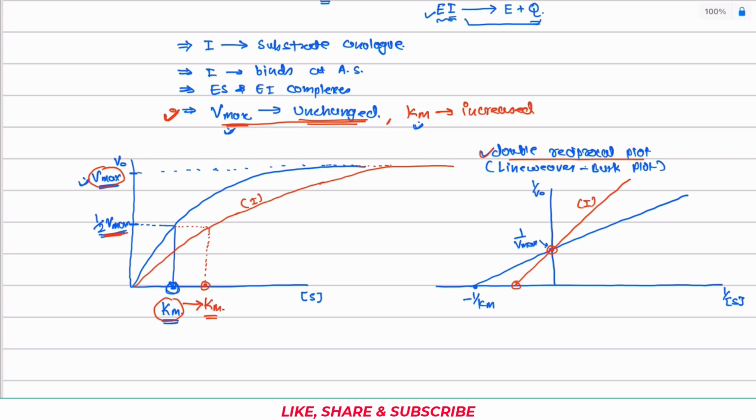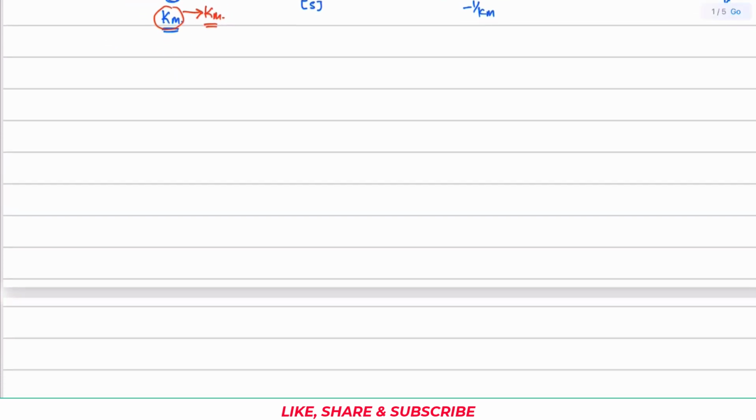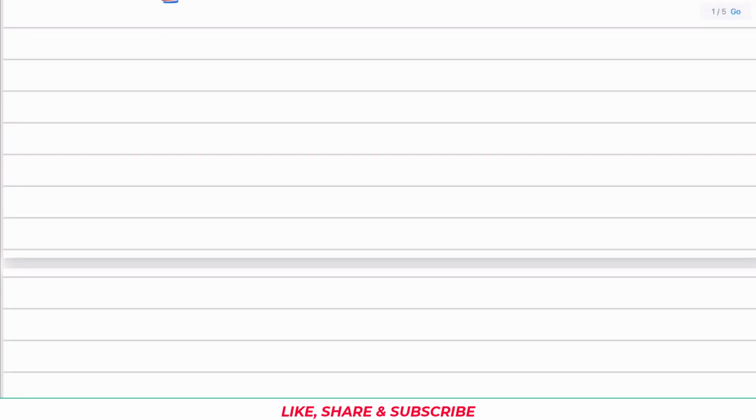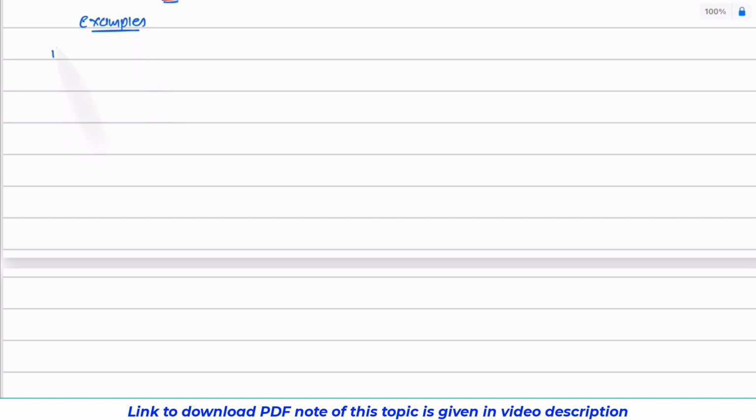Now let us look at the various examples in real life about the competitive inhibition. So now we will discuss the examples. The first example to discuss is about the anti-cancer drugs.